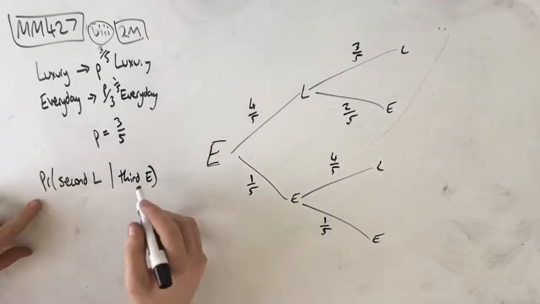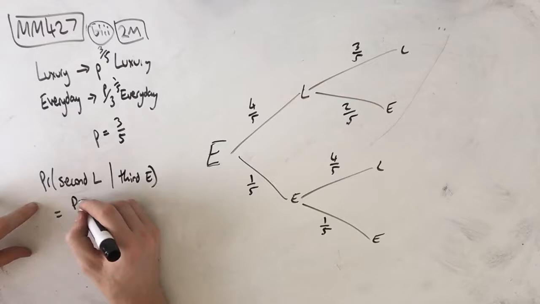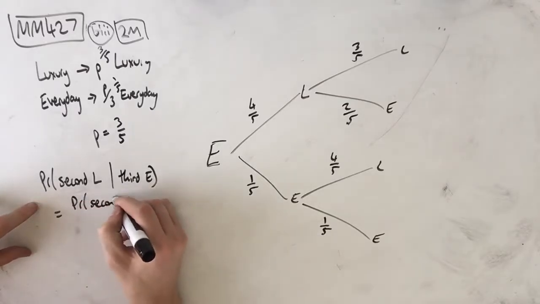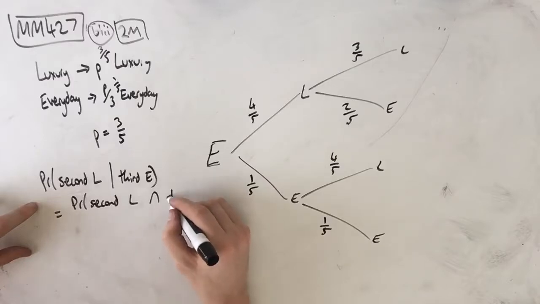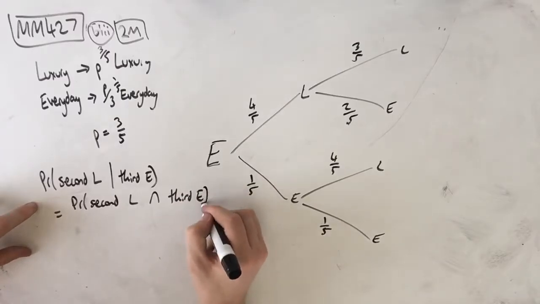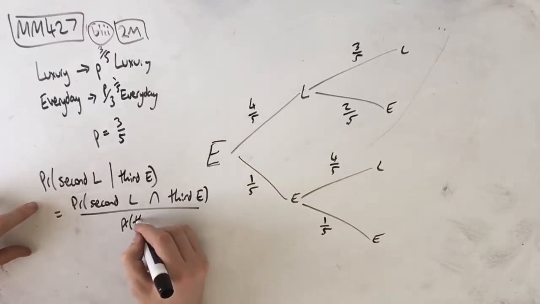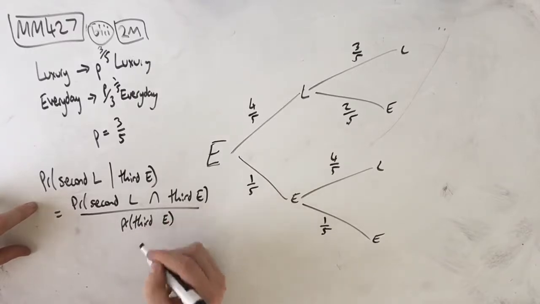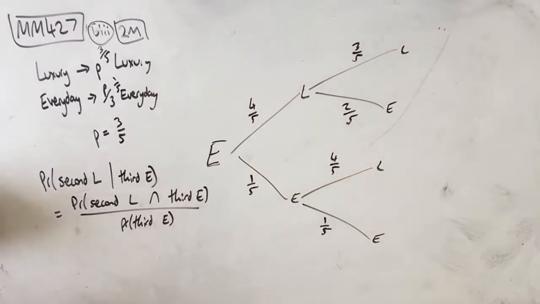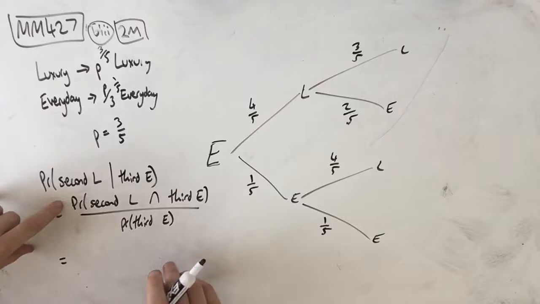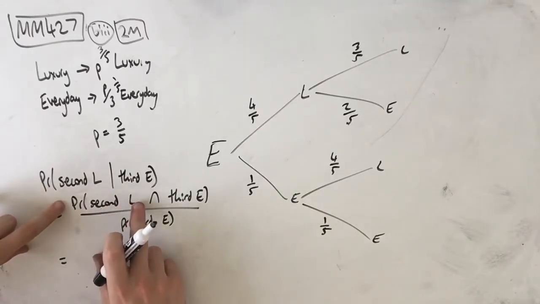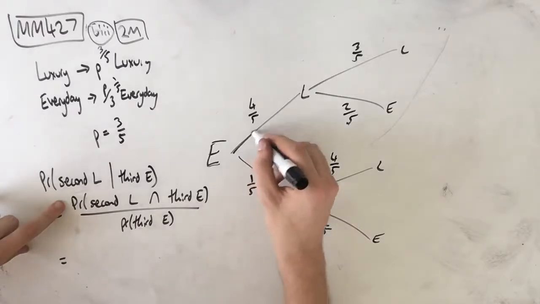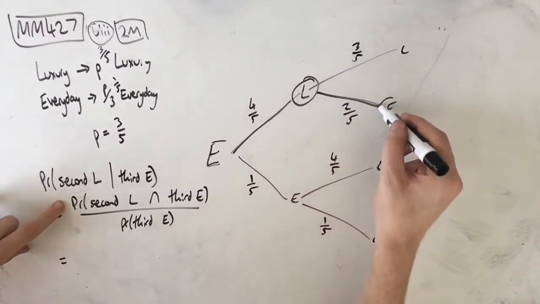So this probability is equal to the probability that it's second luxury intersect third everyday, over the probability that the third one was an everyday car. The intersect of the second being a luxury and the third being an everyday is this one, because second is luxury and third is everyday.